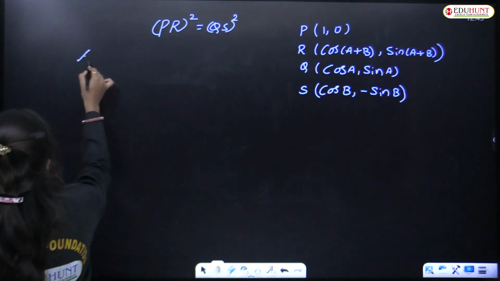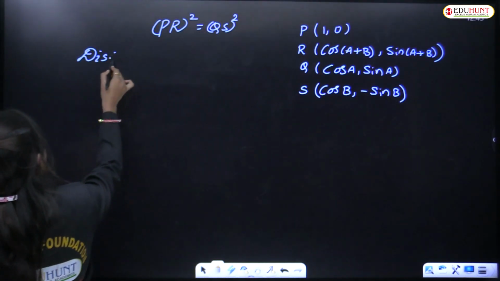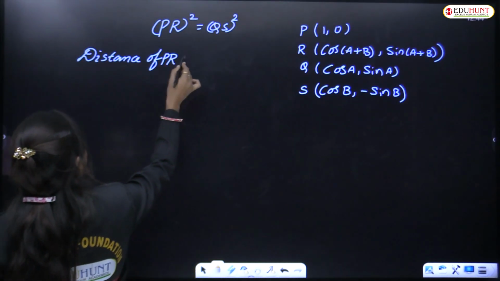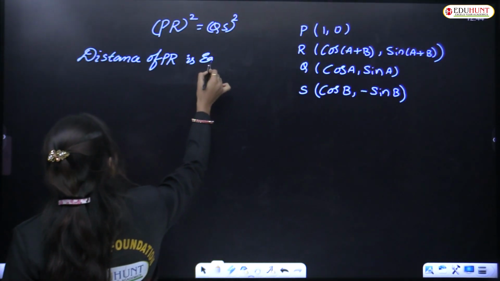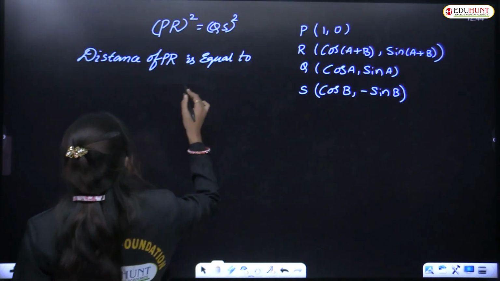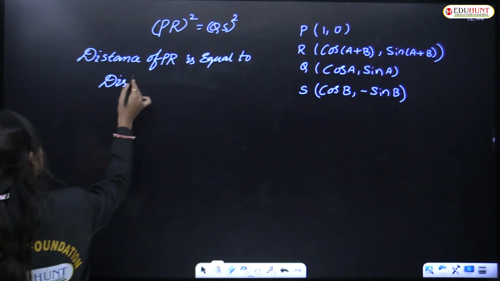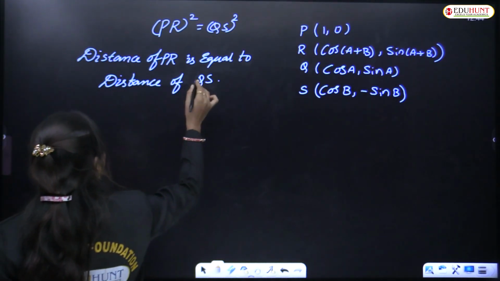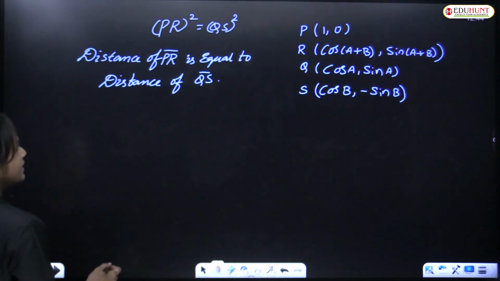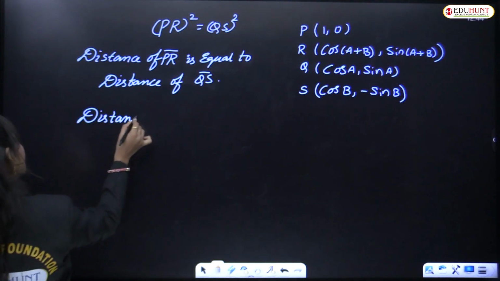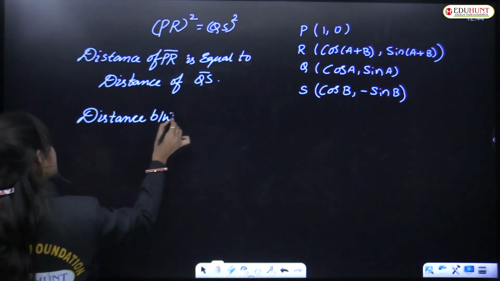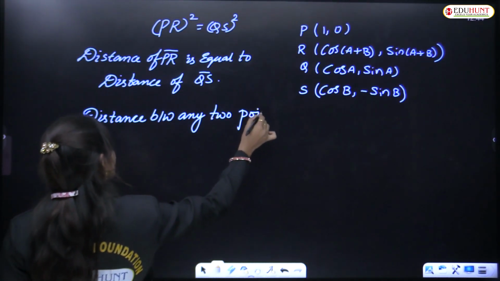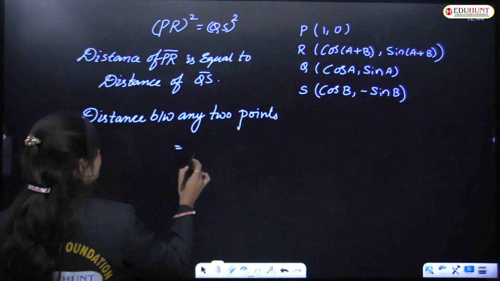By seeing this one we can say that the distance of PR is equal to the distance of QS. Okay. So what is the formula to find that distance? Distance formula, distance between any two points. So what is the formula here?